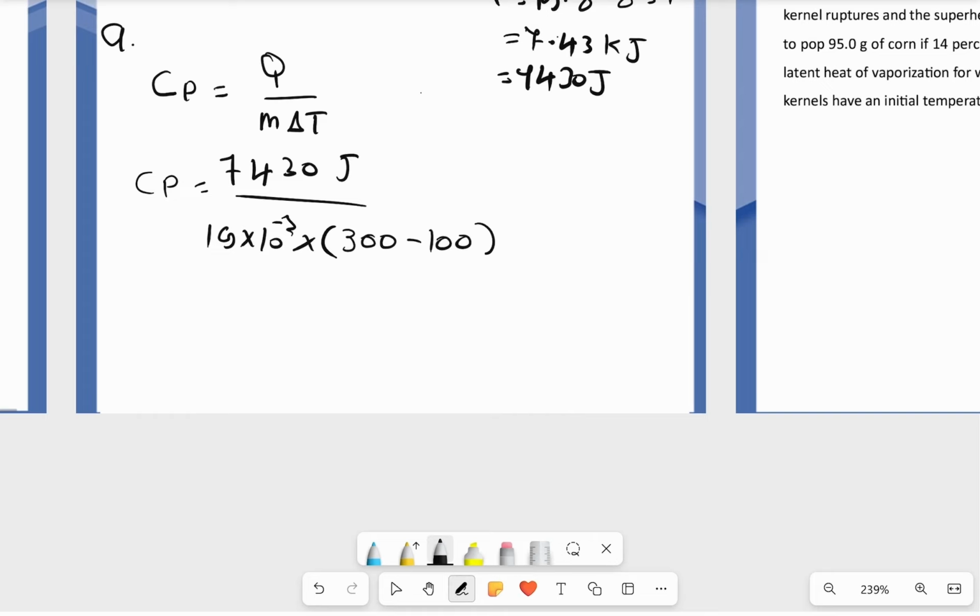Calculate this and you get CP, which is equal to 2.476 times 10 to the power of 3 joules per kilogram per degree.